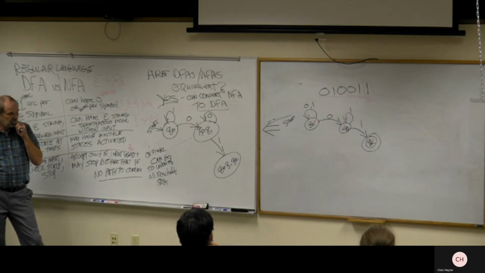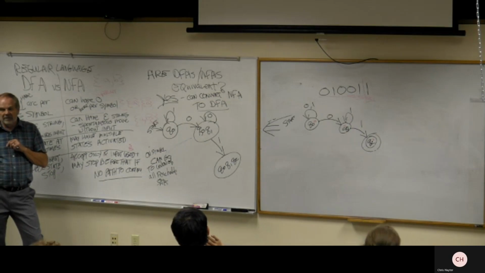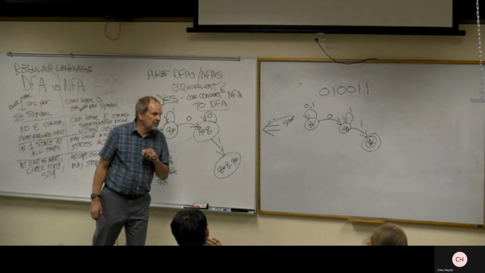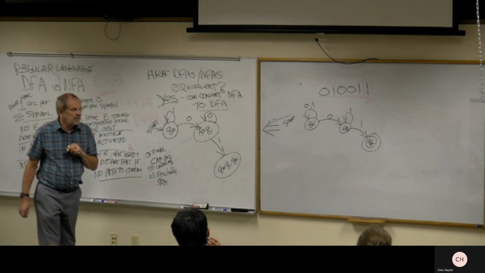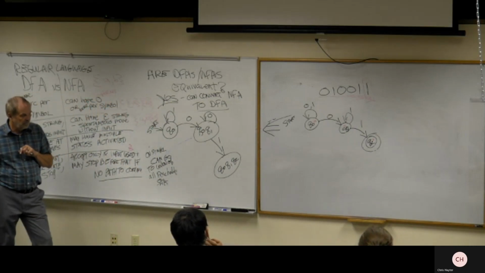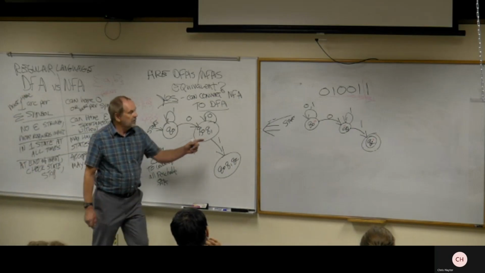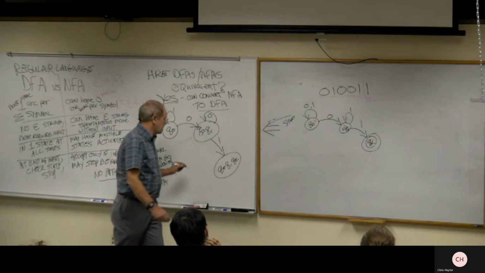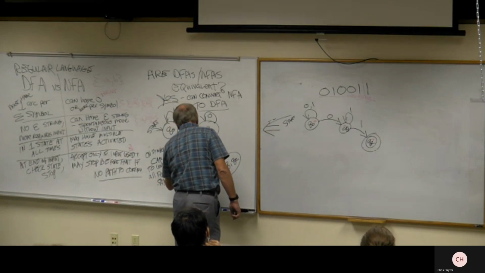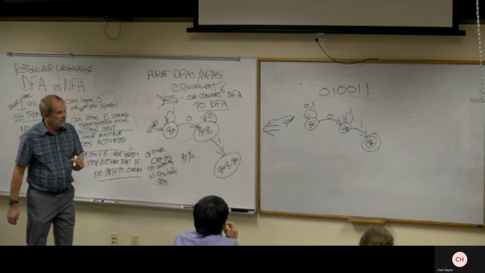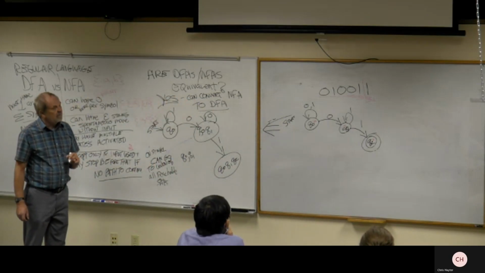Q0 will take me to Q0 and Q1, so I can start listing them here: Q0, Q1. If I'm in Q1 on a 0, I don't get any further. If I'm in Q2 on a 0, I don't get any further. So I've already got something! A 0 can take me back to Q0, Q1.